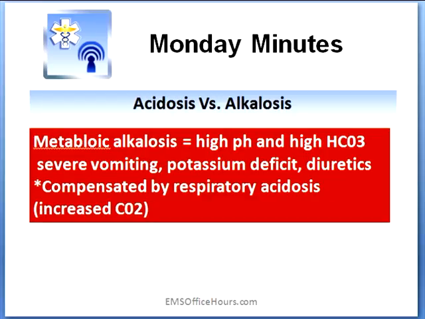And then we talk about metabolic alkalosis. That's when the patient is going to be compensated by respiratory acidosis, or a slower respiratory rate, in order to increase that CO2. So severe vomiting, or the patient might be on diuretics, things like that.